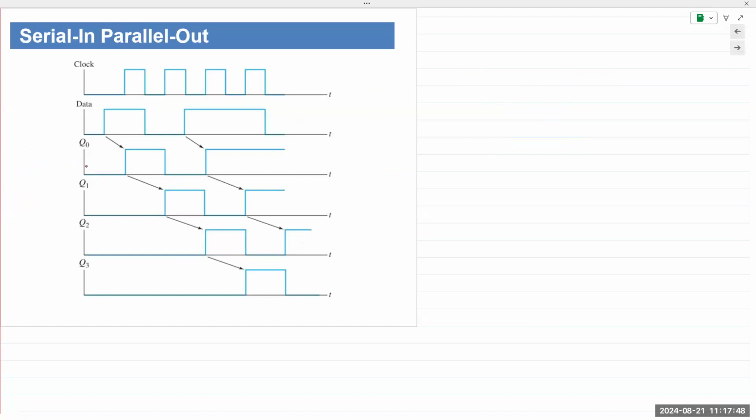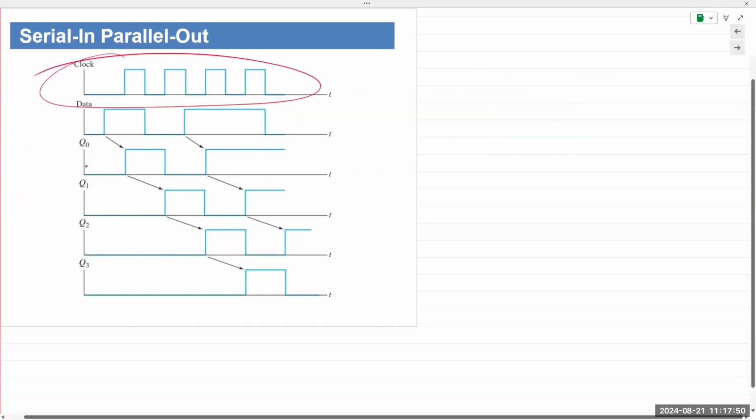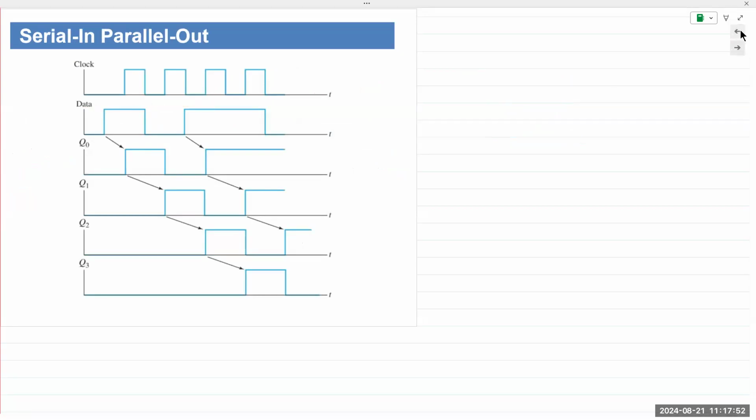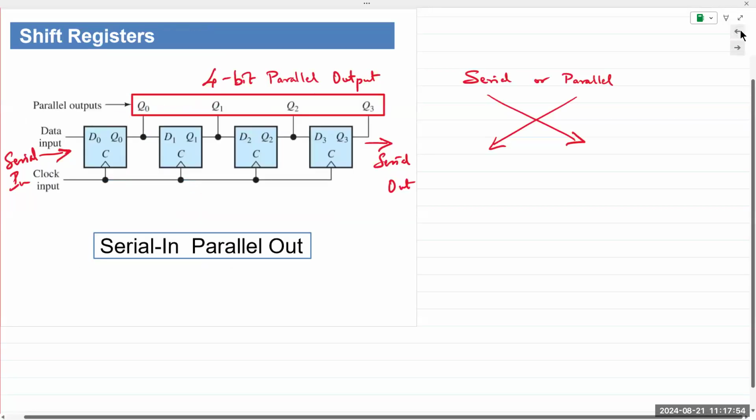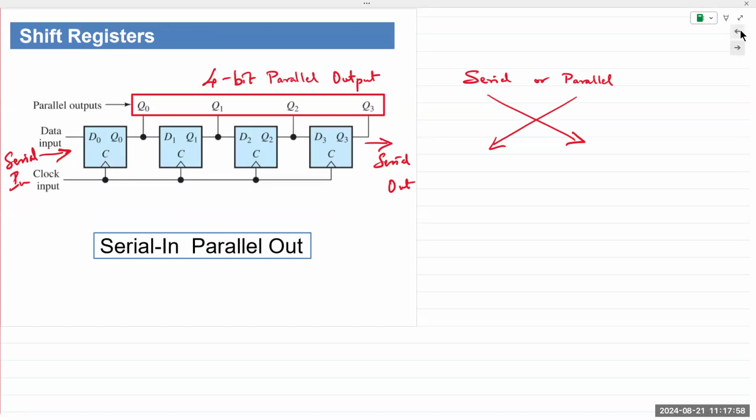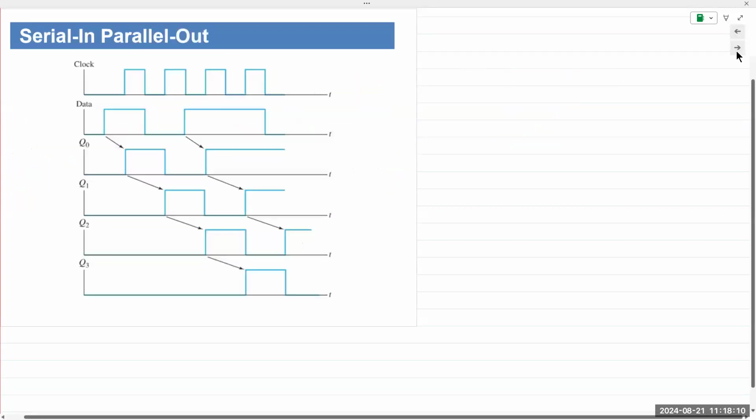So here's the timing diagram. Here's the clock. Positive edge or negative edge? Bubble or no bubble? No bubble. So positive edge. So positive edge triggers. The first thing I would do is note the positive edges of the clock.